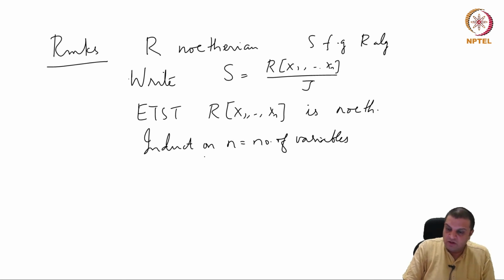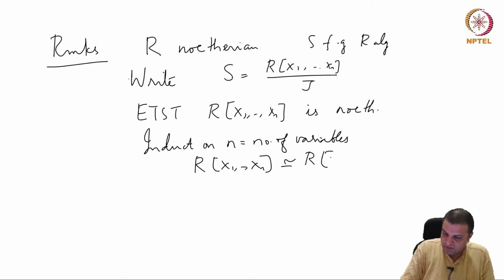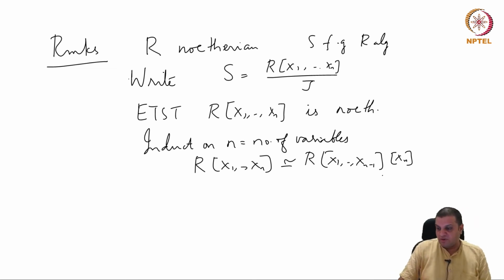That is because a polynomial ring in n variables is isomorphic as a ring to a polynomial ring in n minus 1 variables first and then the last variable. And by induction, if we know this is Noetherian, and then by induction again, the one variable case we can prove, then we know that this is true.